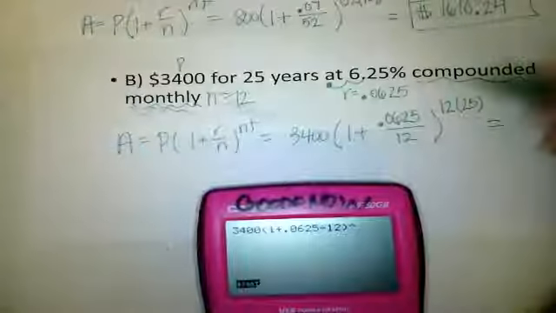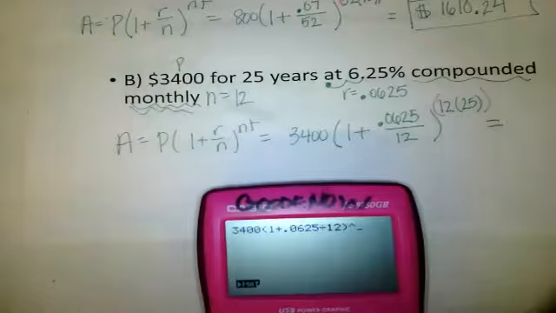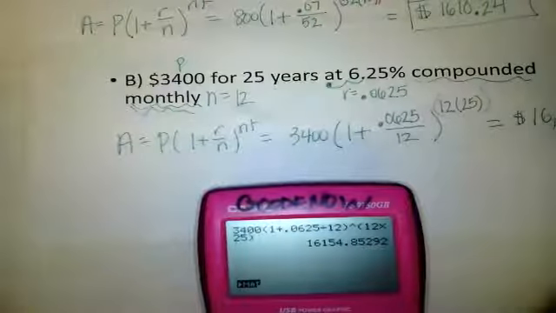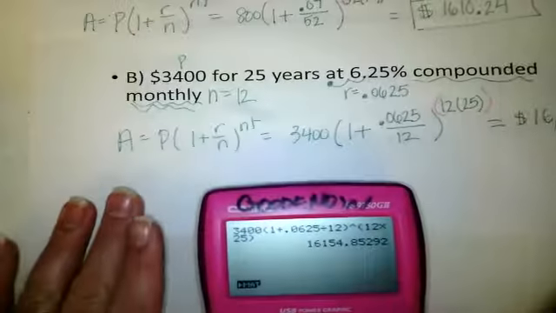And then just here, just for that exponent, you want to make sure that you get parentheses. So parentheses 12 times 25. And I get the same thing, $16,154.85.